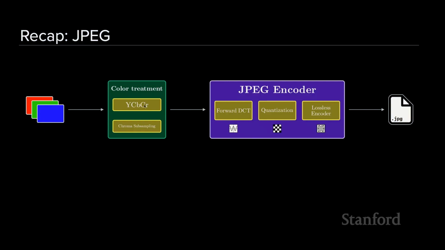You start with RGB, you do color treatment, this is mostly to decorrelate the natural signals, and then we do a vanilla lossy compressor pipeline, which is first you do some transform to decorrelate your components, then you do quantization, finally you do some lossless encoding, some entropy coding, and that gives you your JPEG file, right? And we went into details of each of these components last lecture.